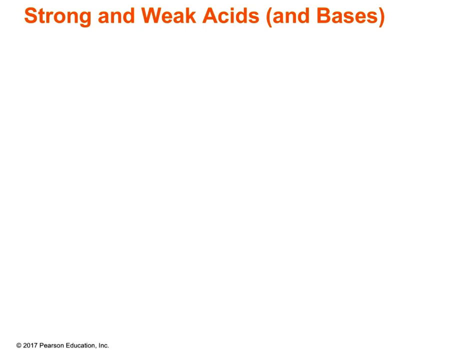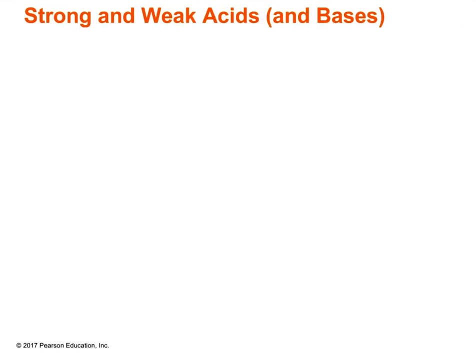All right, so let's write out some strong and weak acids as well as some strong and weak bases. So I'm going to change my marker color here, and I'm going to split this in half here.